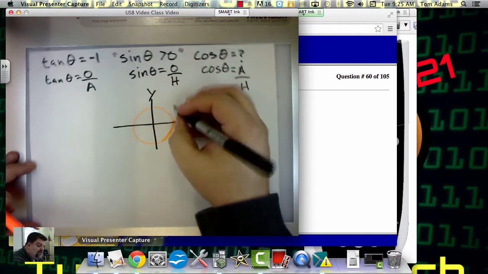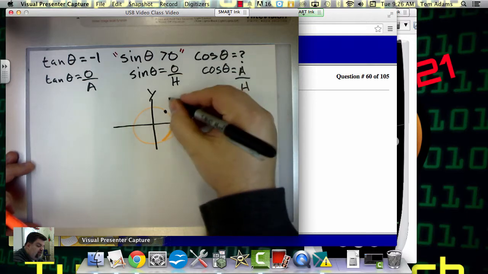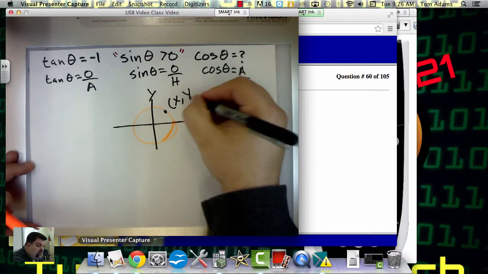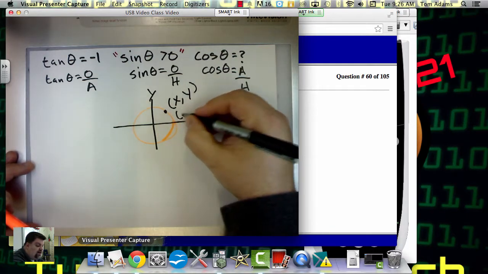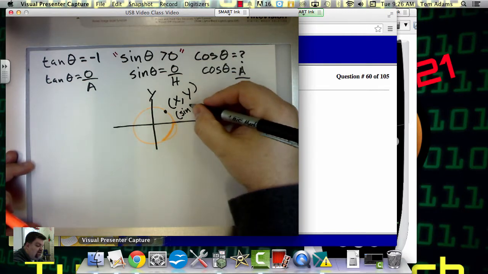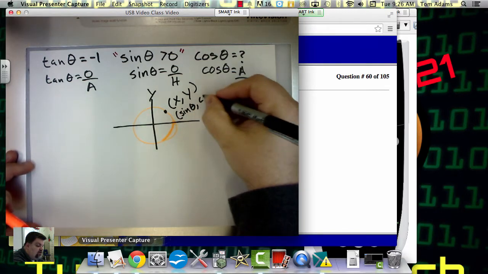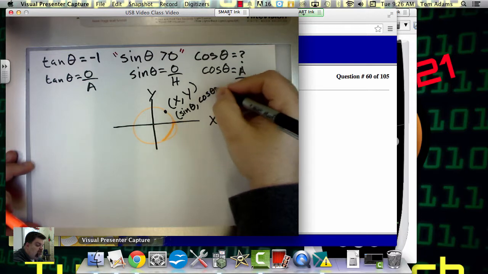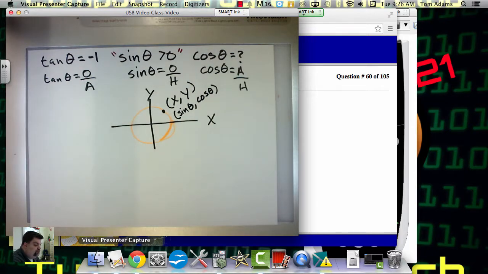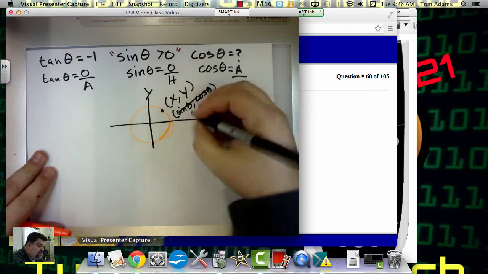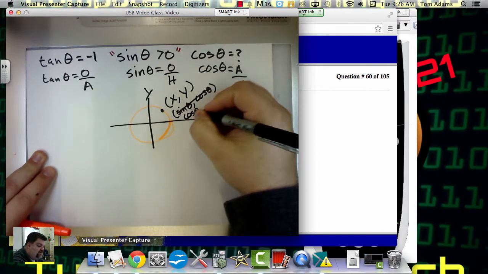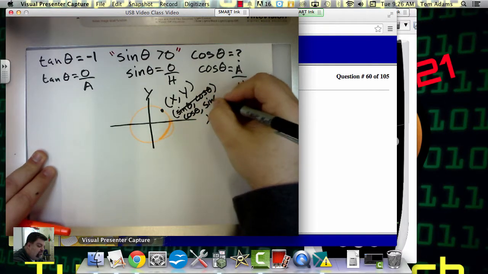But any point on the circle, which we normally think of as x, y, can be represented by cosine of theta, sine of theta for our special triangles. Oh, I wrote that down backwards. It's cosine of theta, sine of theta.